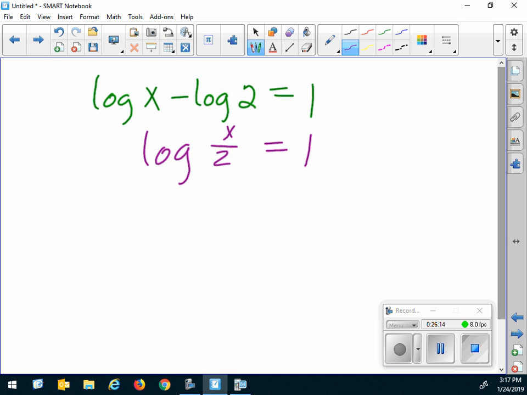I got to get rid of the logs first. What's your base? 10 to the first power equals x over 2, so what's x? You multiply both sides by 2.